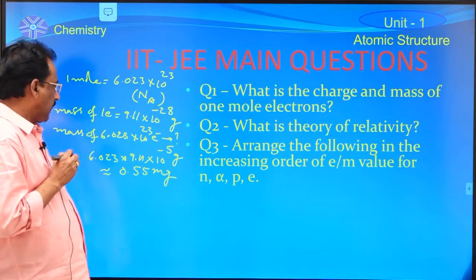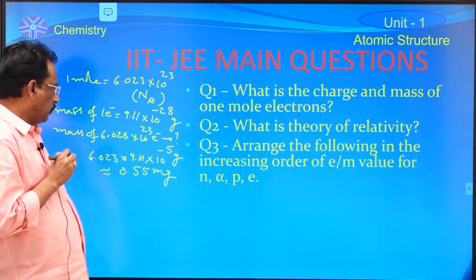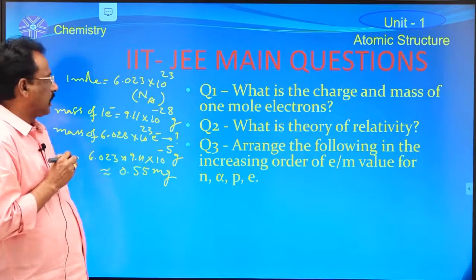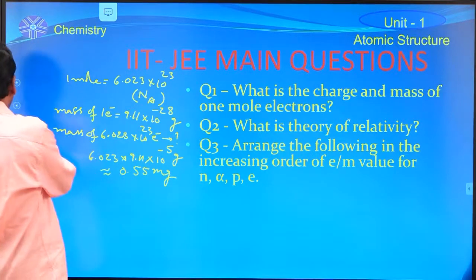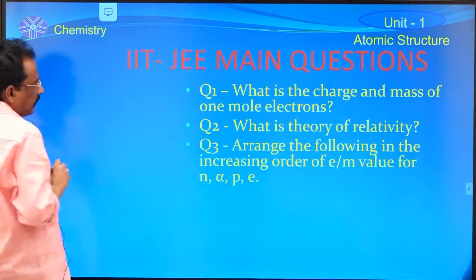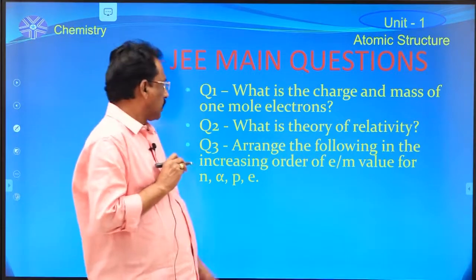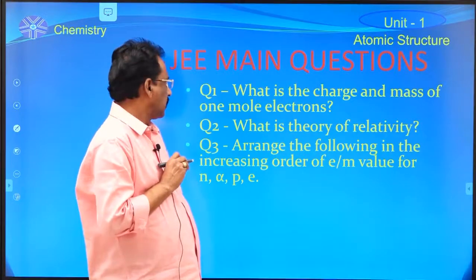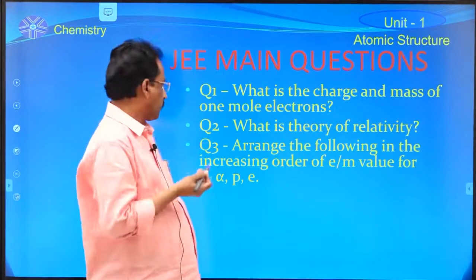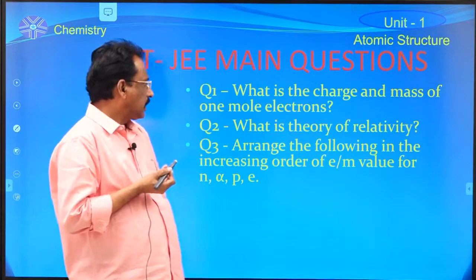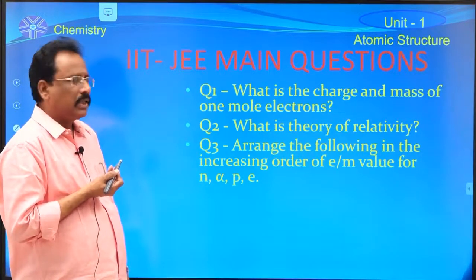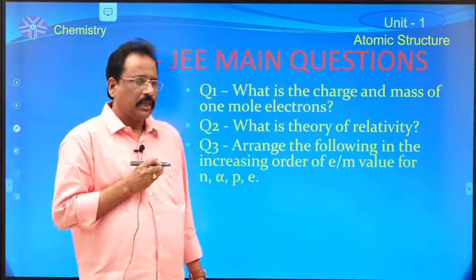In the case of grams, which is equal to 0.0055 grams. So this is about the calculation of the charge and mass of 1 mole electrons in IIT model problems. And second question in this slide is, what is meant by theory of relativity?